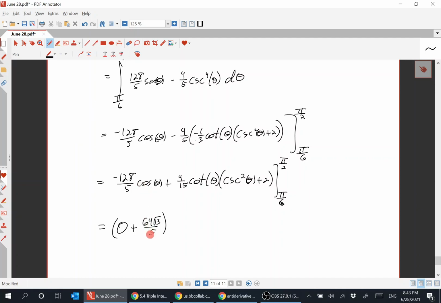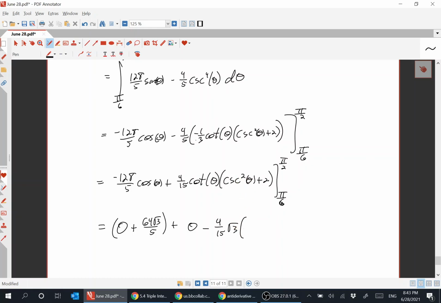So that was at pi over 2 and pi over 6. And we're subtracting a negative, so it becomes a plus. 4 over 15 cotangent is cosine over sine. So cosine, so this is 0 here. Right? 0 minus 4 over 15. So at pi over 6, cosine is root 3 over 2 over 1/2, so that's root 3.